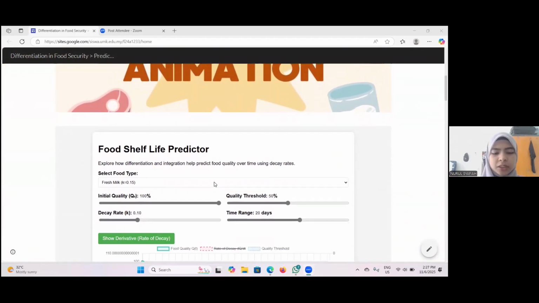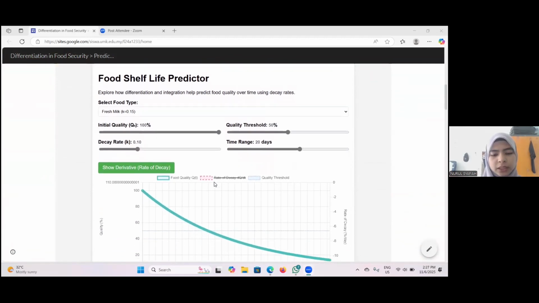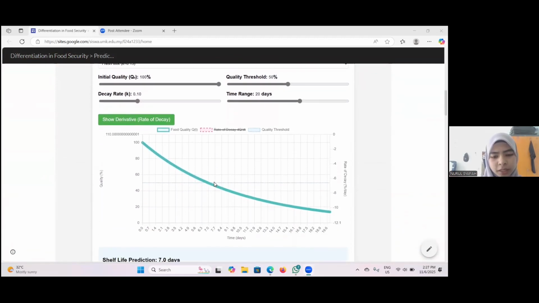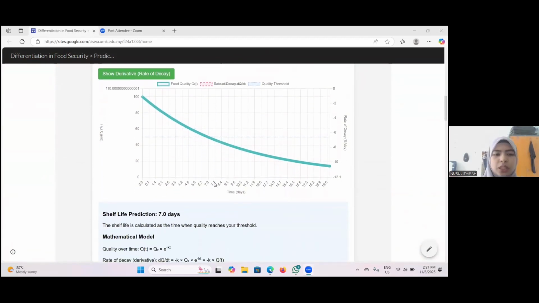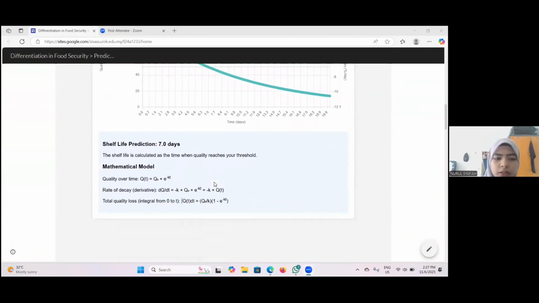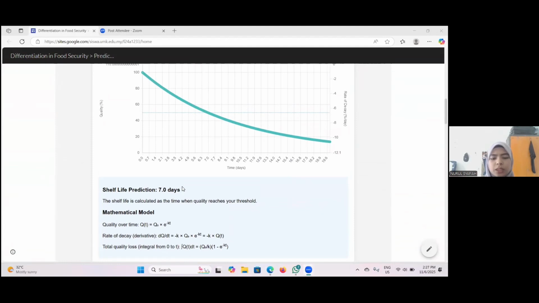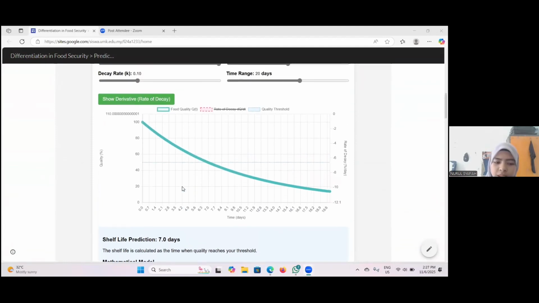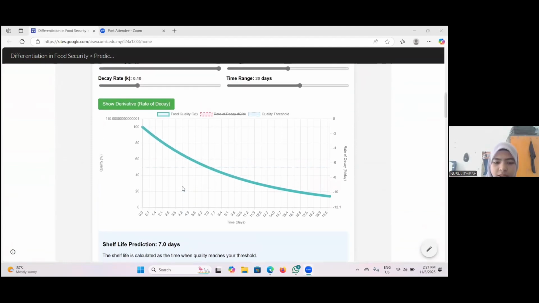These animations explain how food quality decreases over time using the formula of quality over time. This formula shows that food freshness decreases slowly at first, then faster later. The animations help to visualize the process clearly.